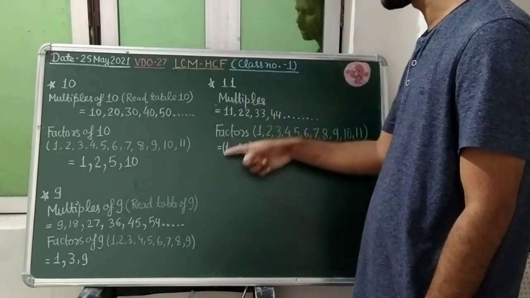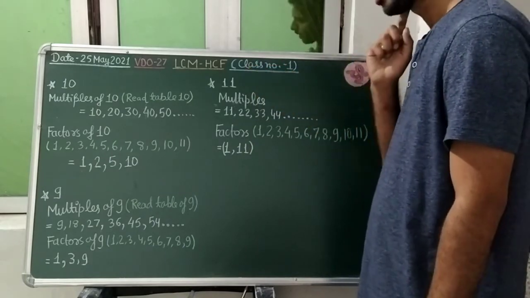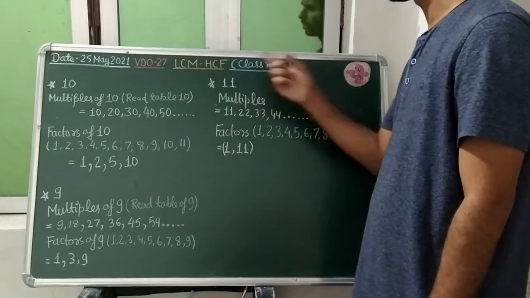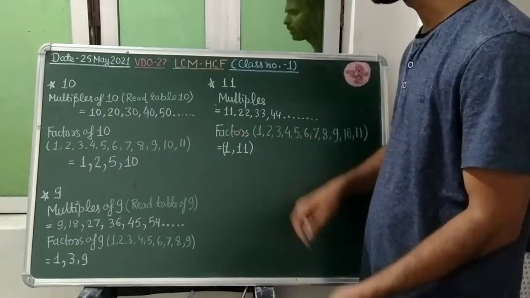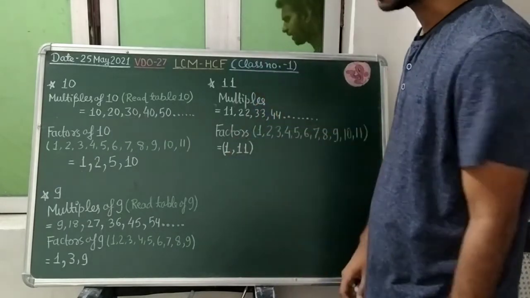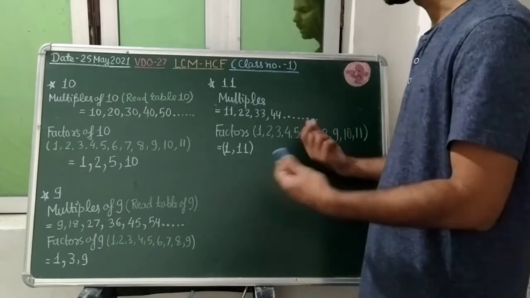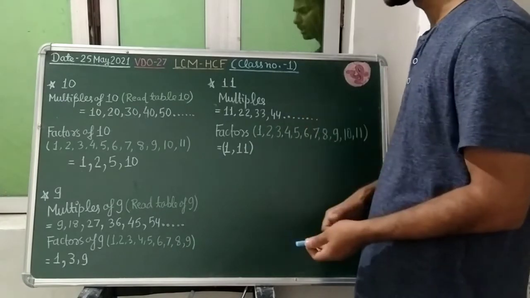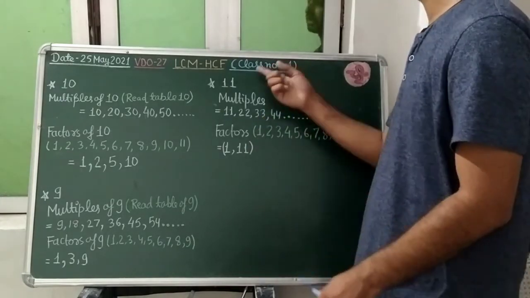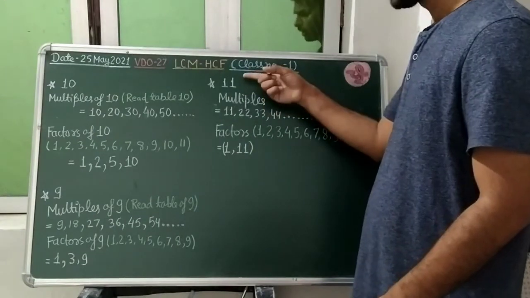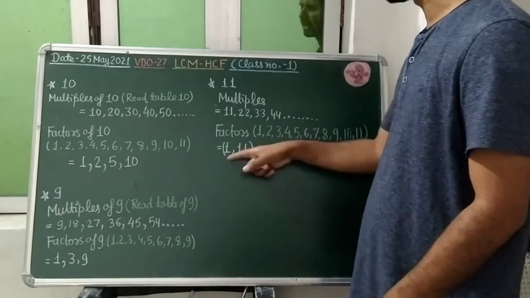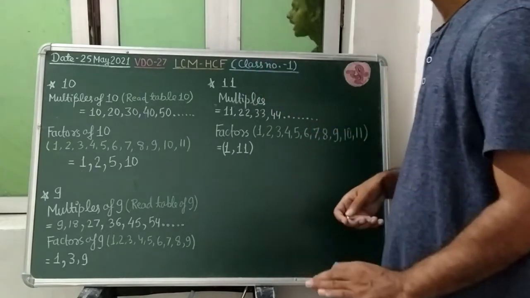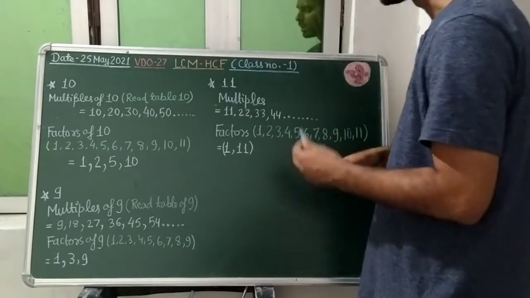So 1 and 11 divide 11, and 1 and 11 are its factors. The numbers which divide the given number are its factors, and multiples are the numbers which the given number divides. And as 11 is a prime number with factors 1 and 11, you can define the prime number in this way.